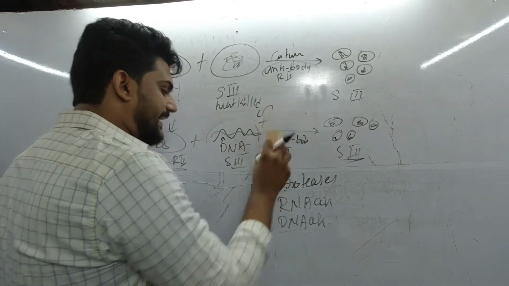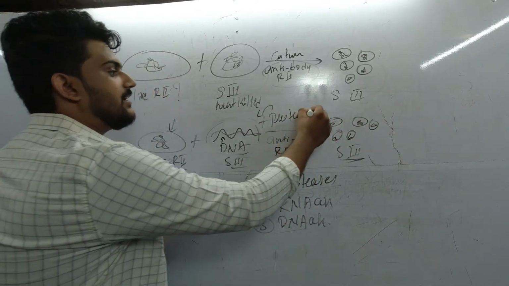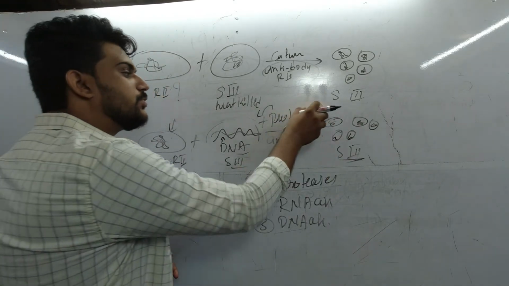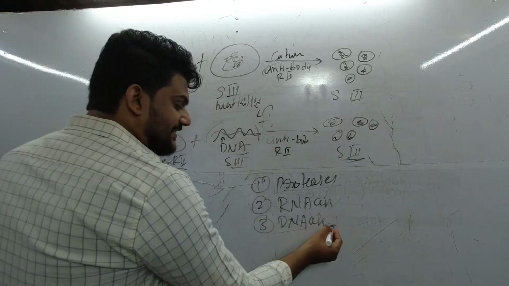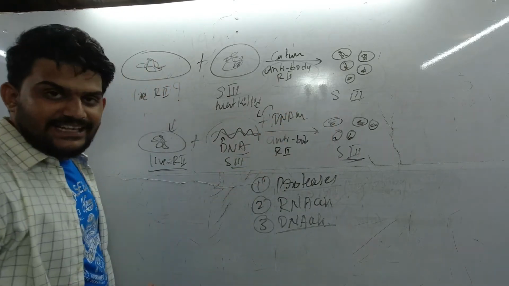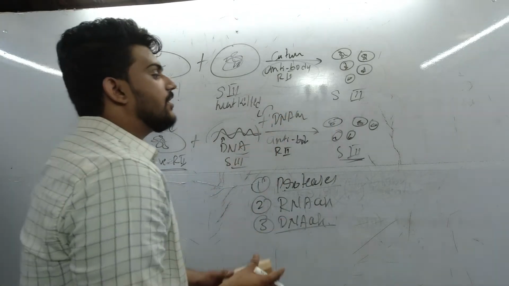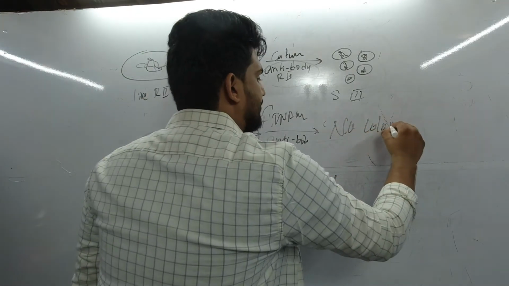Then they added proteases, and again they got the S3 strains, because it only breaks down the proteins, right? Then at last they added DNAse, which destroys the whole DNA. Then they got the very important result: no colonies.